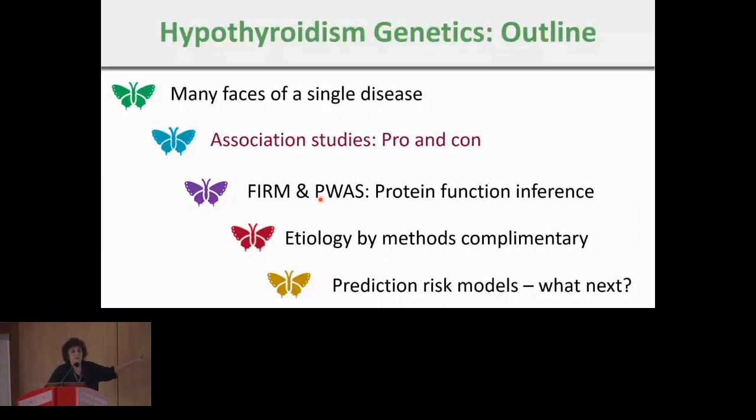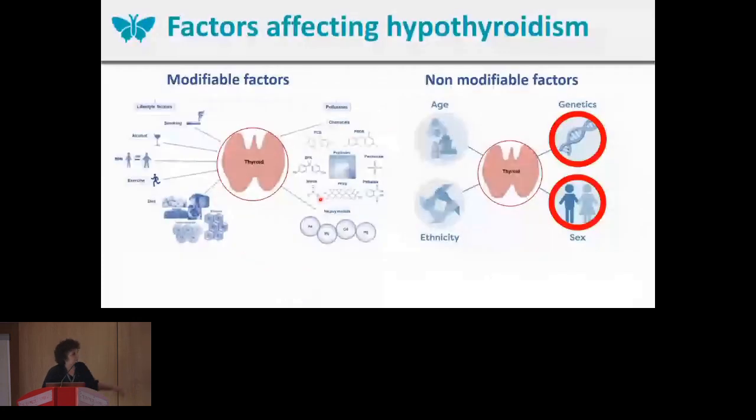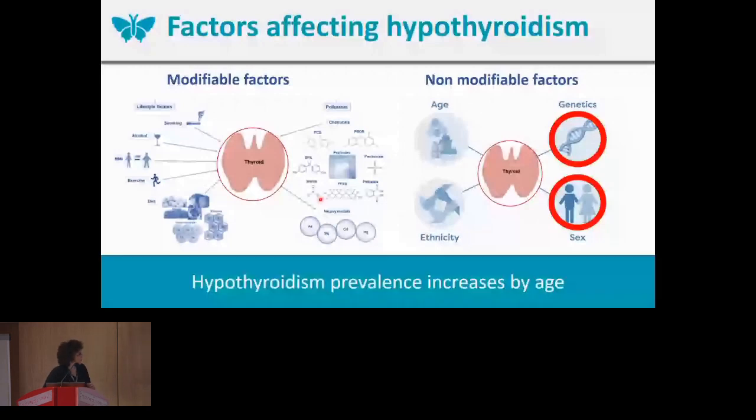But specifically, hypothyroidism is very sensitive to pollution and to damage that comes from environmental quality of air and so on, water and so on. So this is very important. But today I won't touch it at all. What I'm touching upon is the non-modifiable factors, specifically the genetics, the sex, and age. I'll touch a little bit, but not on ethnicity. But those are what you are born with. It's not something that you can just play with.